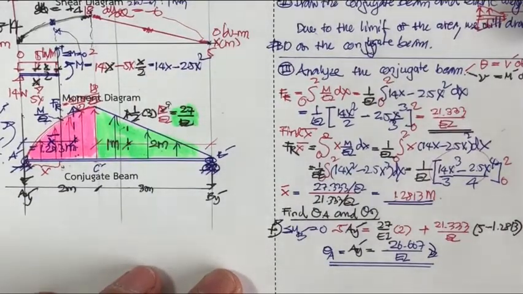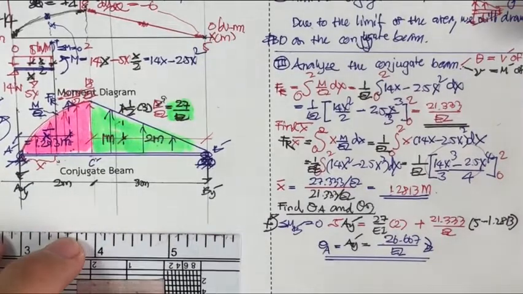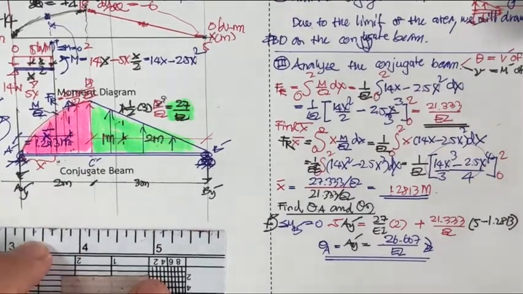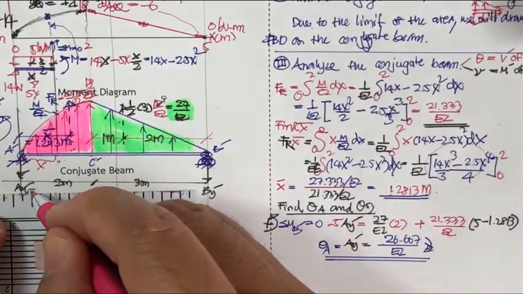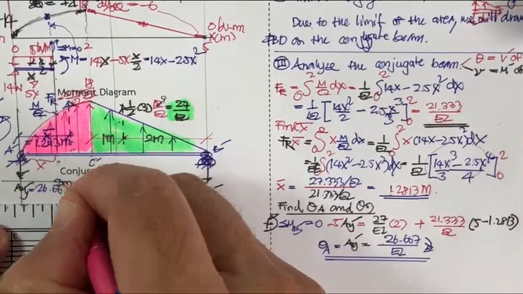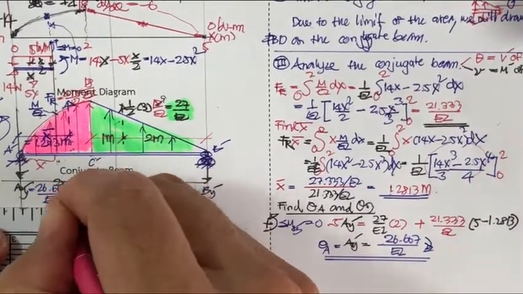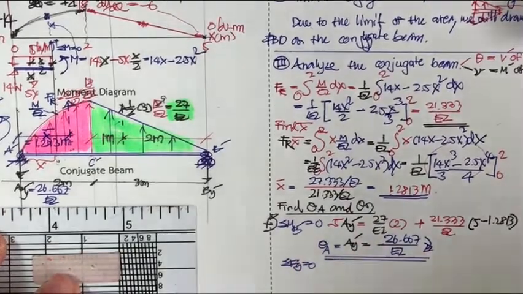Okay, and then the next one: now we have the theta sub A already, so we have this. Okay, this is 26.667 over EI. Then summation of F sub y equal to 0.